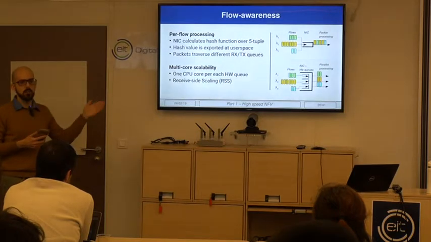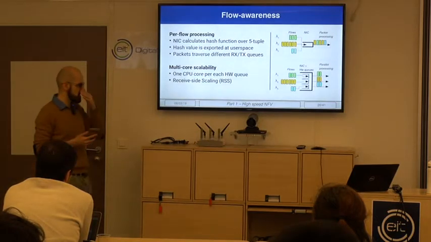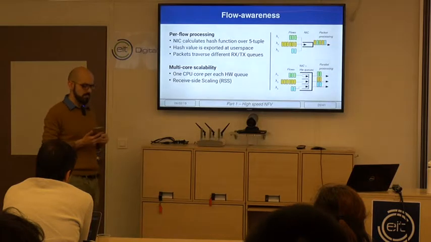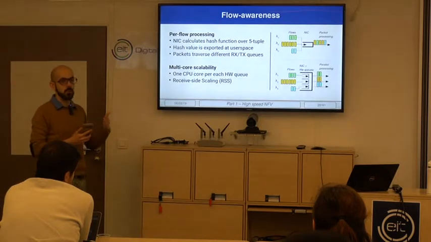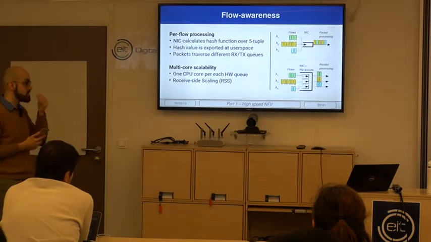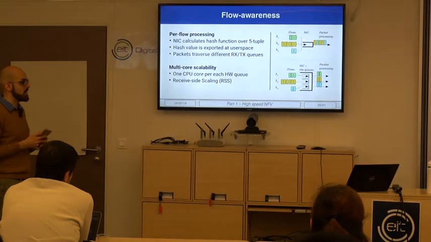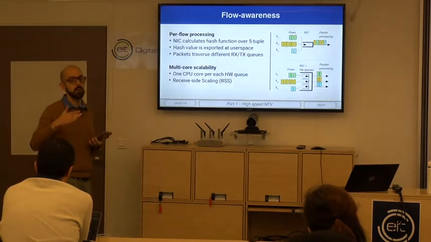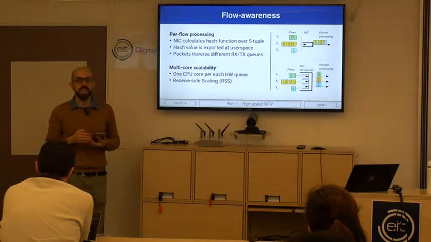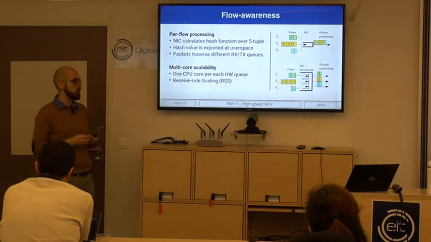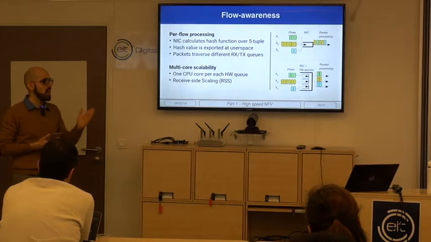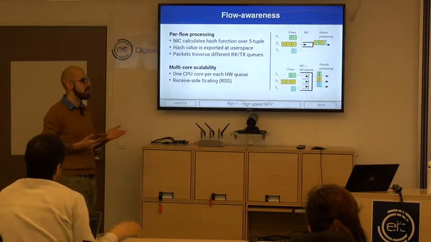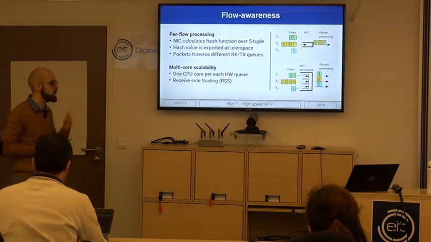So the typical IP source, IP destination, MAC source, MAC destination, the IP protocol. And this is done directly at the hardware level, but it is exposed at software level. This means that we can deal with a high level of parallelism, because we can assign each hardware queue to a different core, thus allowing multi-core scalability.